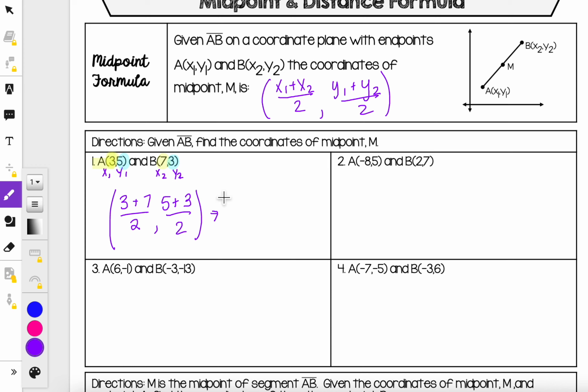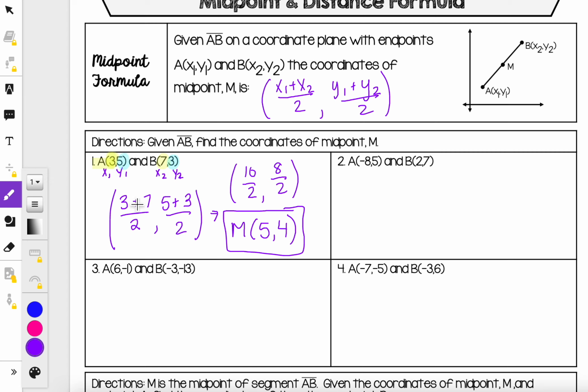And when I simplify that, I'm going to have 10 over 2 and 8 over 2. So the coordinates of this midpoint M, 10 over 2 is 5 and 8 over 2 is 4. Okay, so this would be the midpoint of this segment AB here.